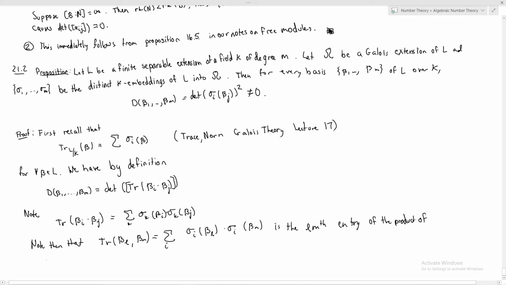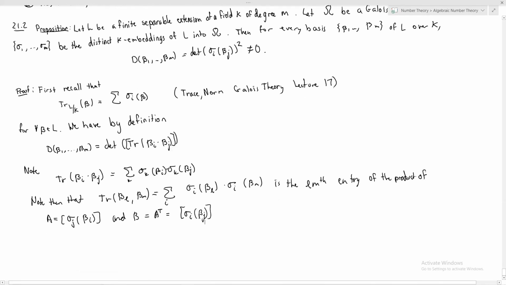A equals sigma sub j beta sub i, and B equals A transpose, which is sigma sub i beta sub j.